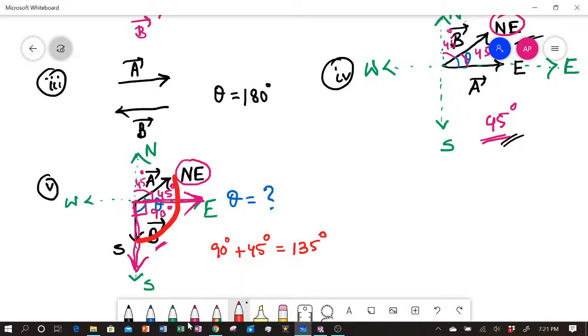Okay, and the value of theta, that is the angle between A vector and B vector, is 135 degree, because this angle is 45 degree and this angle is 90 degree, and the total angle here is 135 degree.